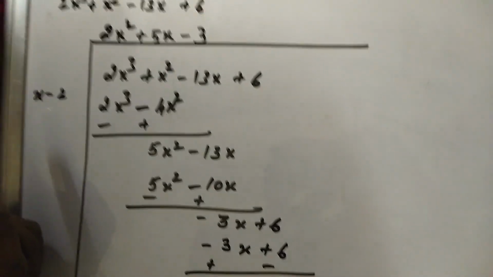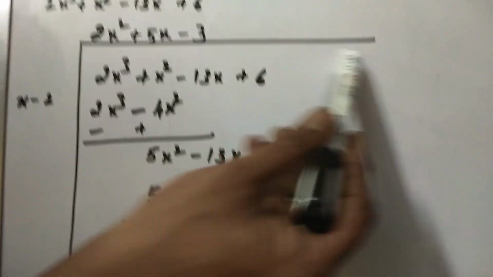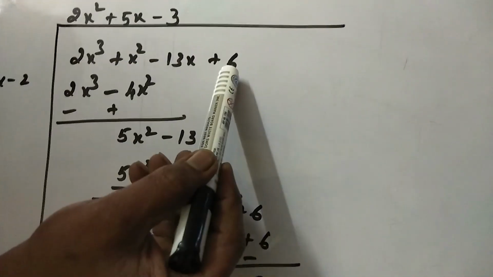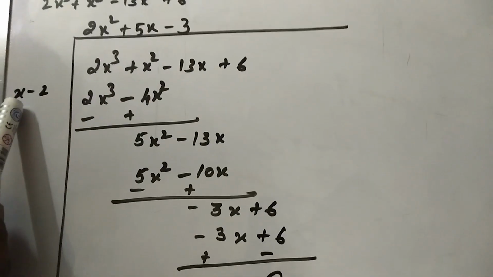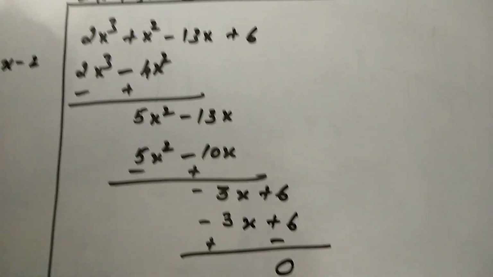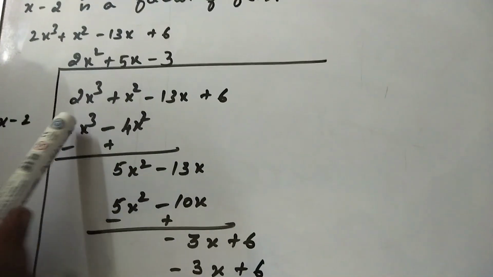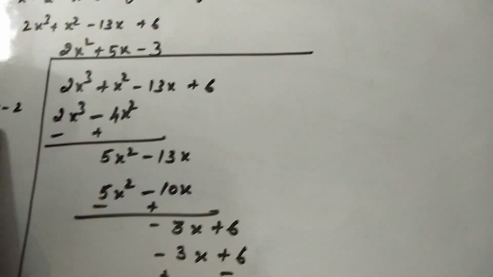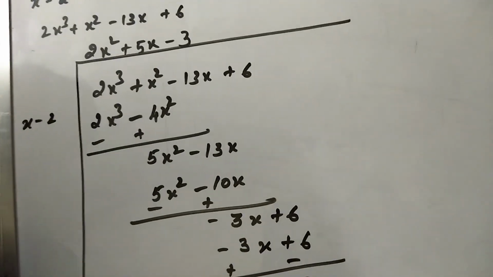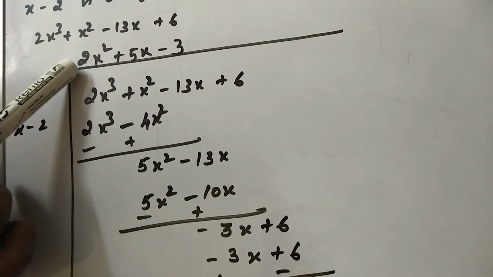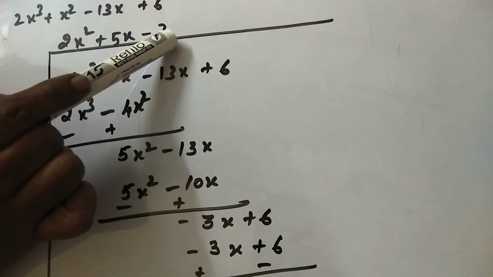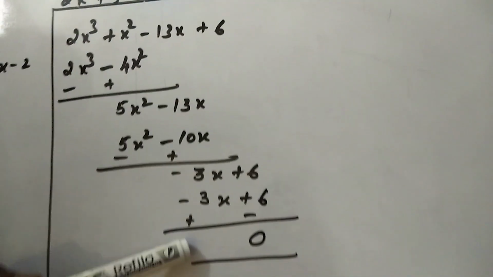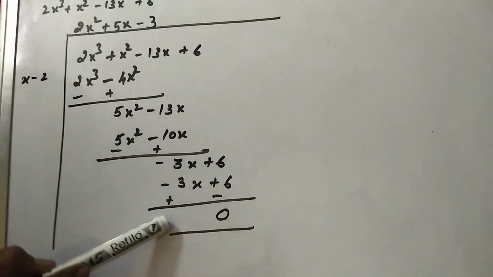Now in the question it is given, factorize completely. So divide f of x by x minus 2: 2x cube plus x squared minus 13x plus 6 divided by x minus 2. The quotient you will get is 2x squared plus 5x minus 3. See the calculation. Then you have to factorize completely.